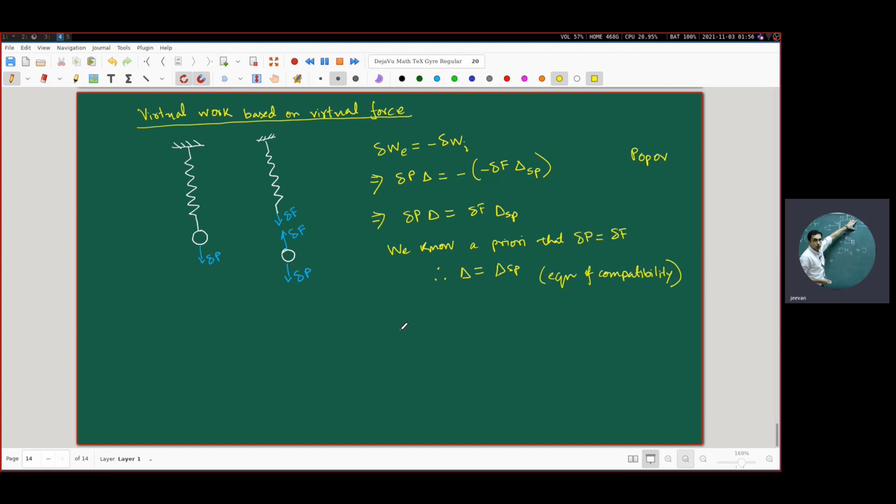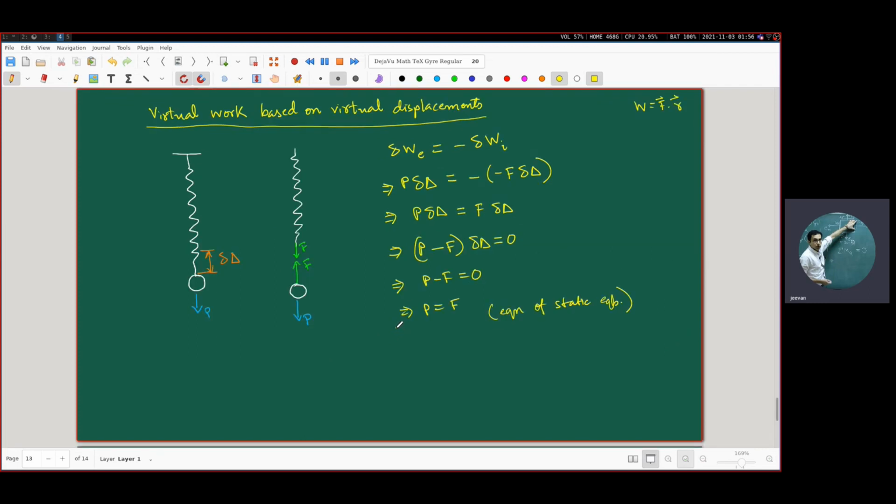But before I can do that, I'll go back to the previous page and tell you about something very nice. Very nice means it's nice as well as a little bit confusing sometimes to some people. You see, we started with this delta WE is equal to minus delta WI. But suppose you were to consider the force, the capital F force, not this one, rather this one.